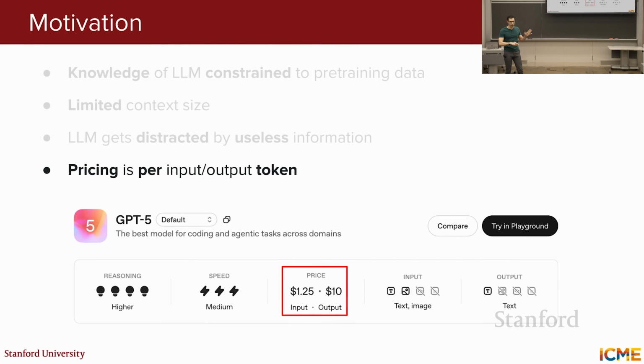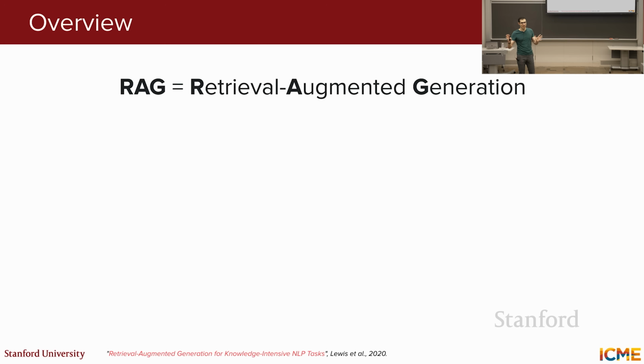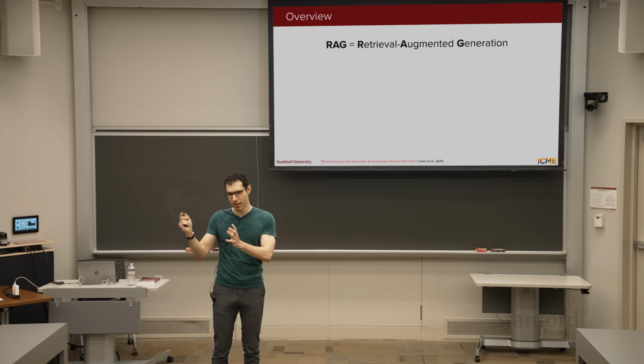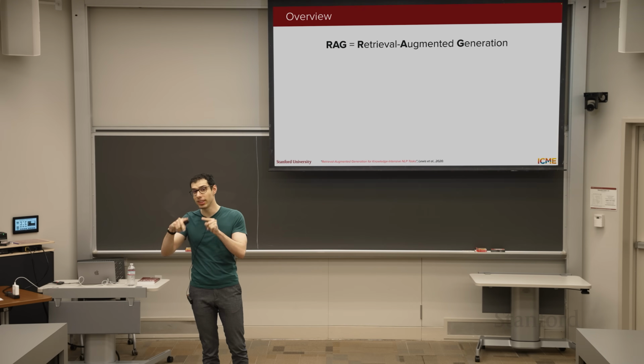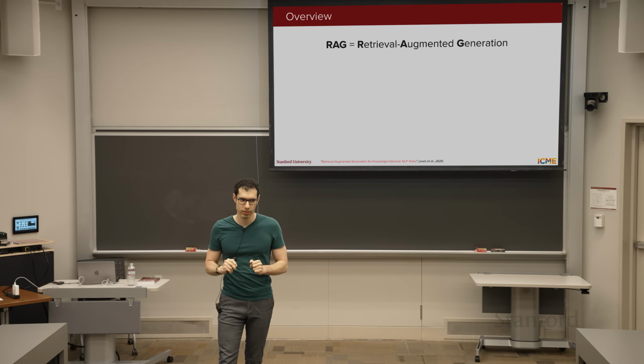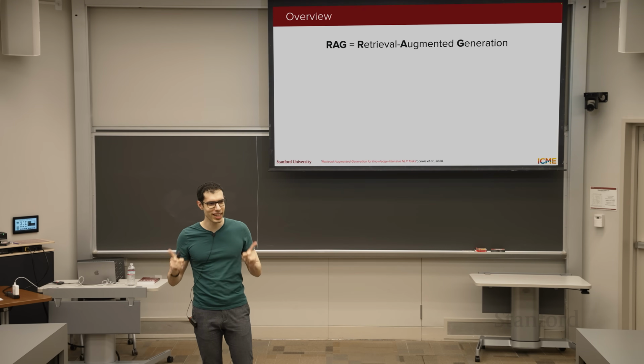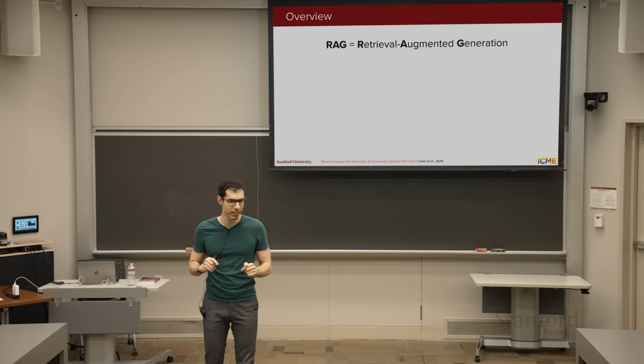So for all these reasons, I hope I convinced you that we need a more clever approach where, instead of putting all the new information all at once in the prompt, we only somehow find the relevant information and put that in the prompt. That is the idea behind RAG.